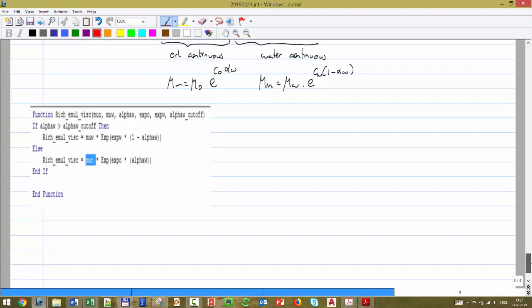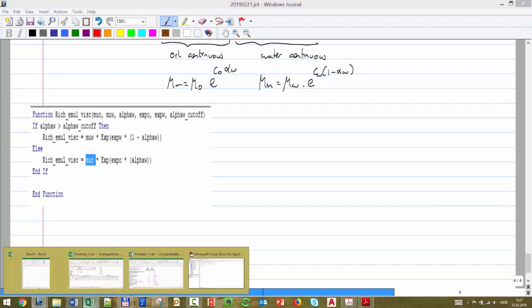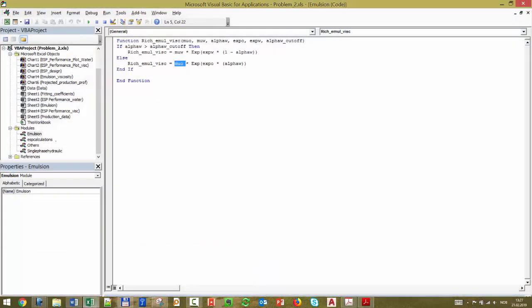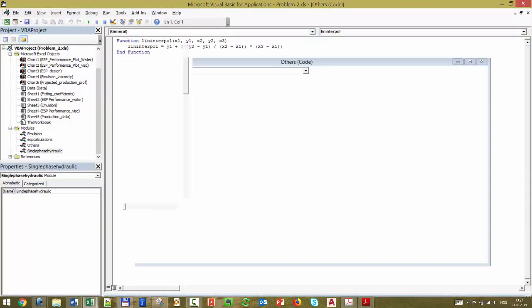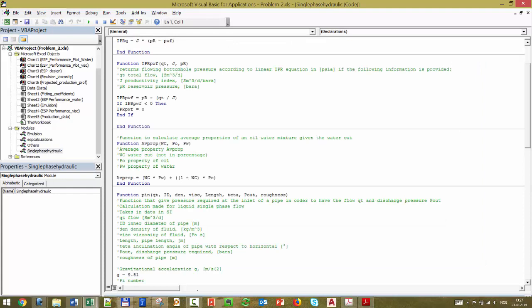So that's the equation for that, and we also have the equation for the average properties, which was here someplace.